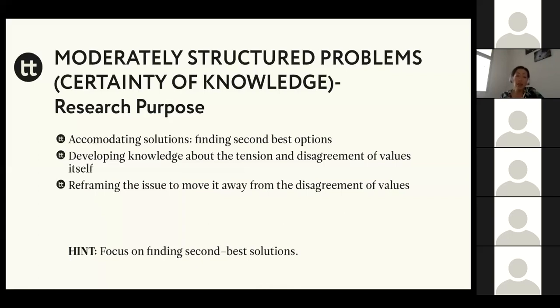And the other thing that research can do is to lower the tensions and the disagreements on the values, either by finding new knowledge that could help lowering those tensions, or by reframing an issue so that it doesn't focus that much on the issue that is causing tension, right?